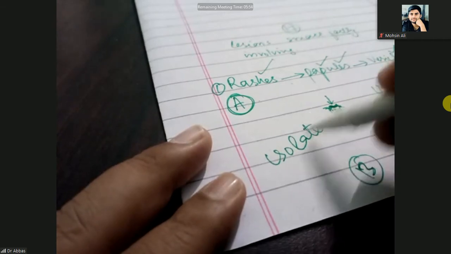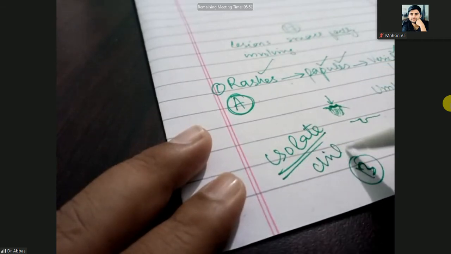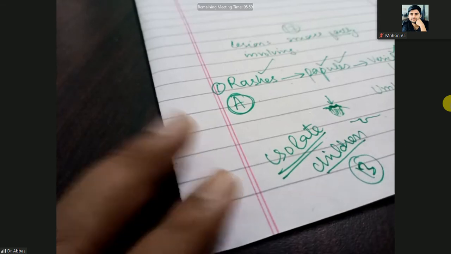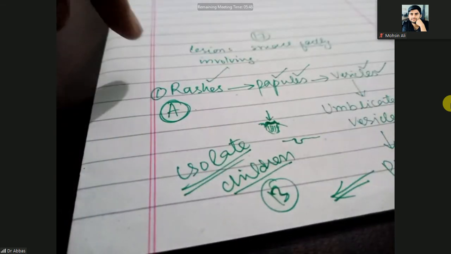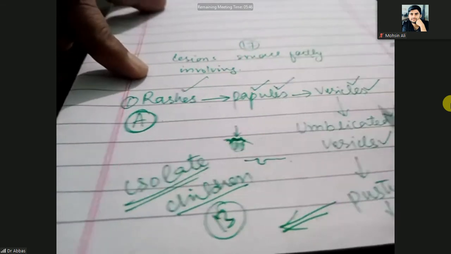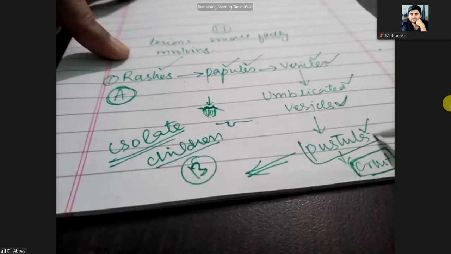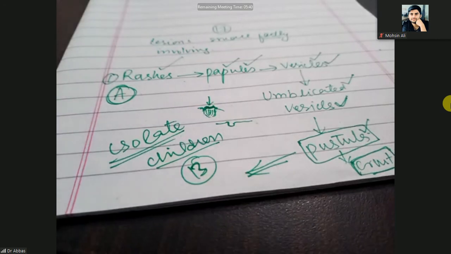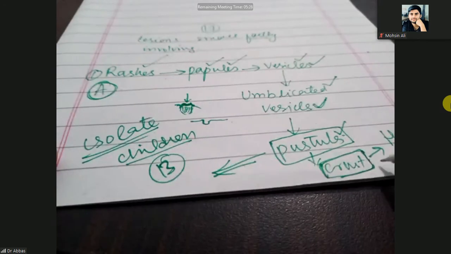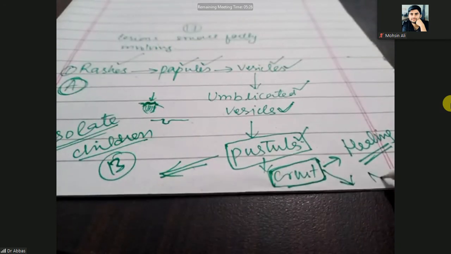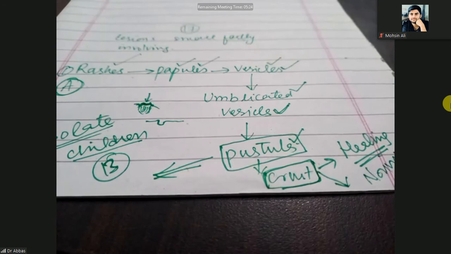Isolate the child. Why? Because the total duration from rashes, papules, vesicles and umbilicated vesicles up to pustules is the transmission period; the virus can transmit to healthy children. But crusting is the non-infectious phase.